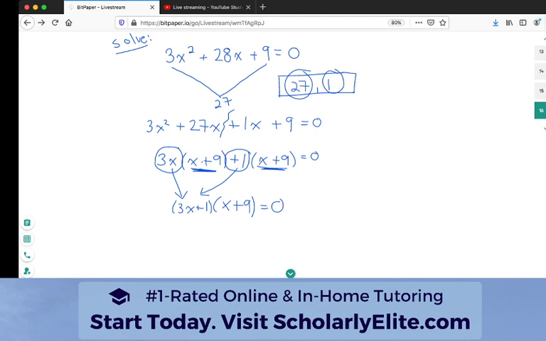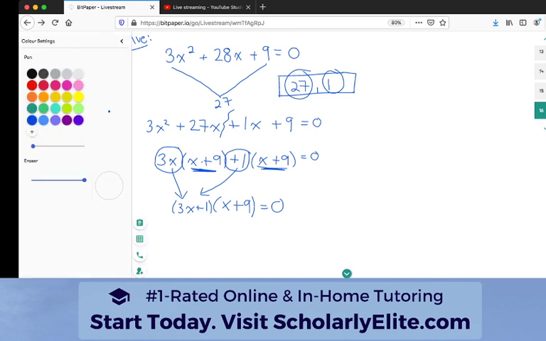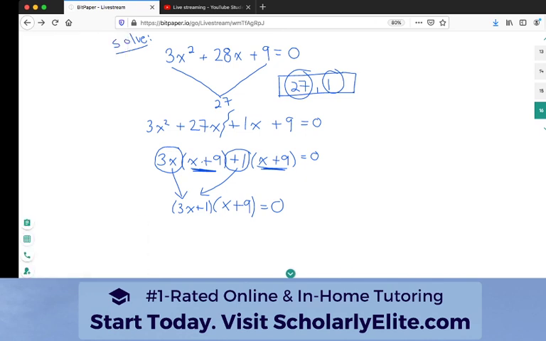Now, basically, because they're equal to 0, we know that we can solve for x. So we make each factor equal to 0. So let's go ahead and use a different color here. And we're going to solve for x. So basically, each factor can now be made equal to 0. So we go 3x plus 1 equals 0. And we're going to solve for x.